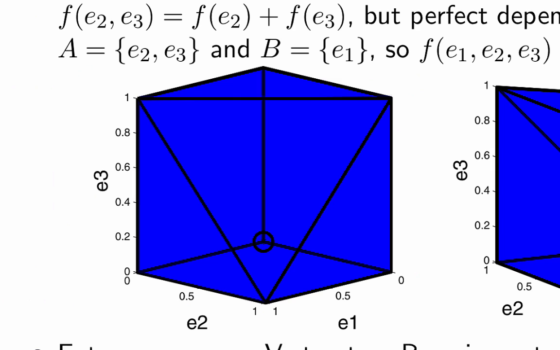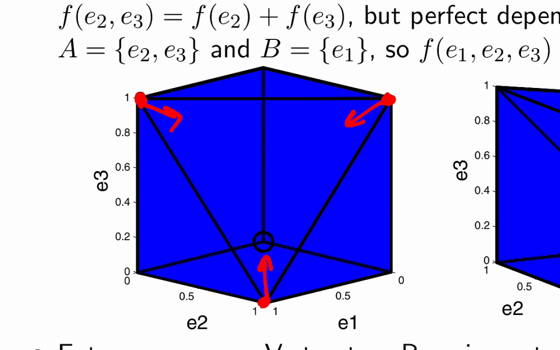But for any triple, as soon as you have any two of them, go to any extreme point. We can't move in the E2 direction once we're here. Or once we're here, we can't move in the E1 direction. And we saw the one before, where we can't move in this direction. So there's this symmetry: as soon as you've got two, you're stuck. You can't move in any other direction.